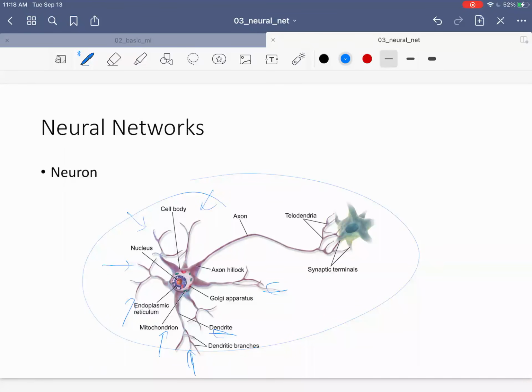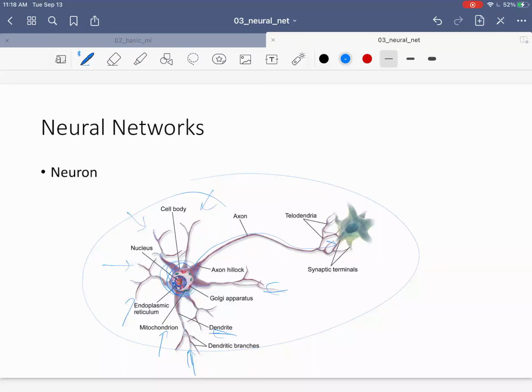And if the collection of those electric signals is above a certain threshold, then this neuron will fire an electric signal to the next neuron.